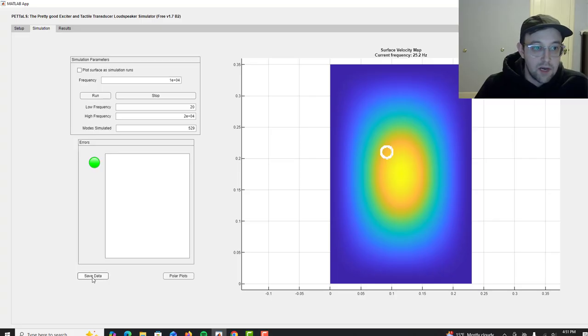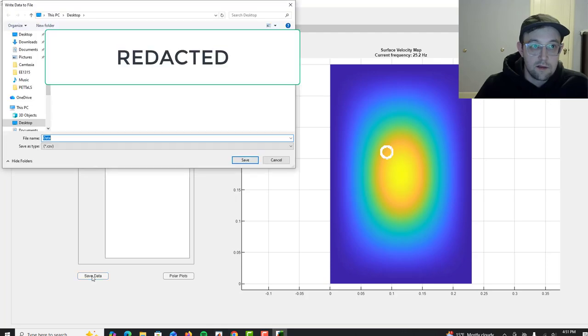The Save Data button. This will allow you to save some data from the actual simulation.